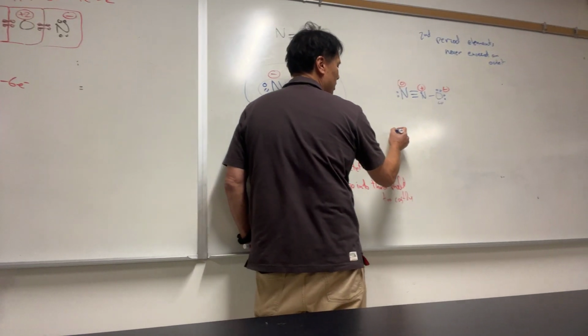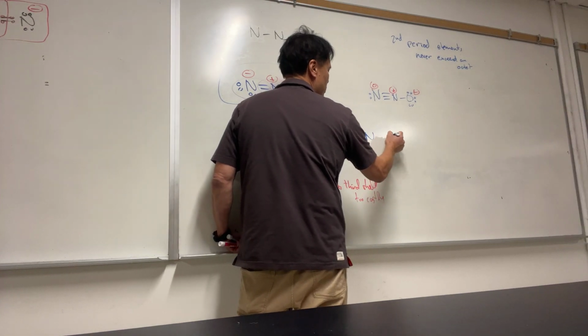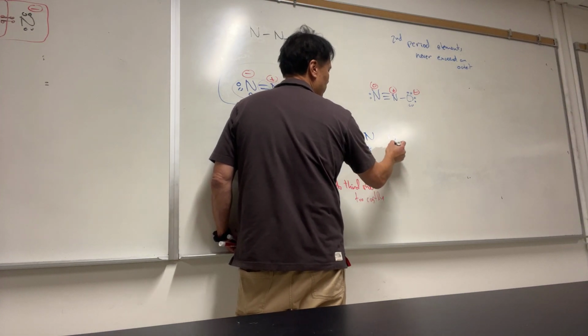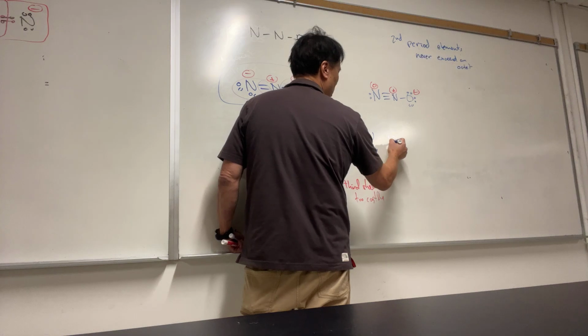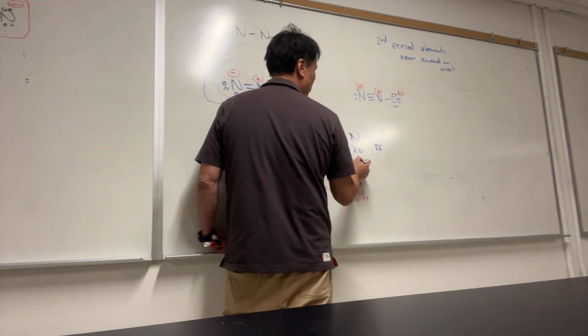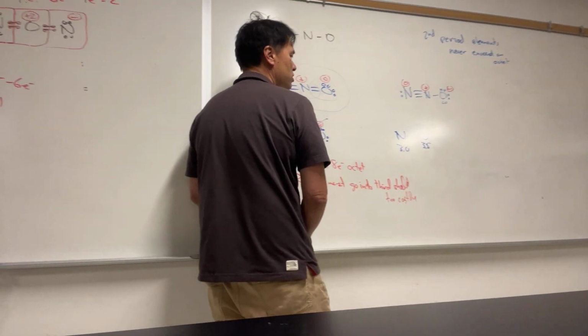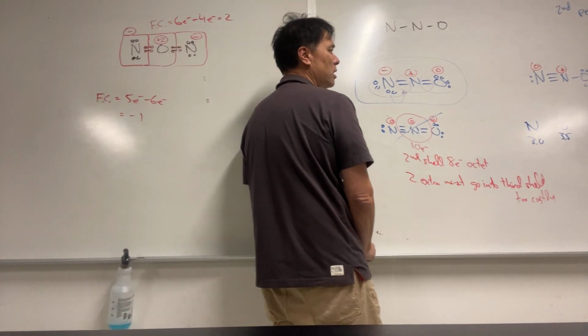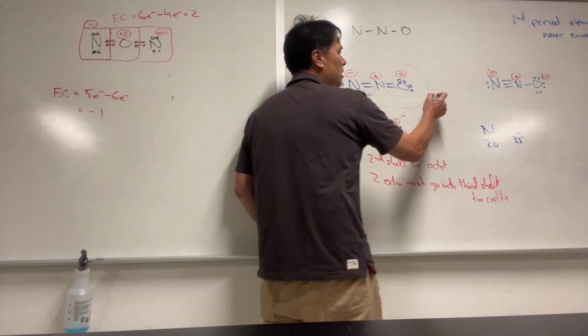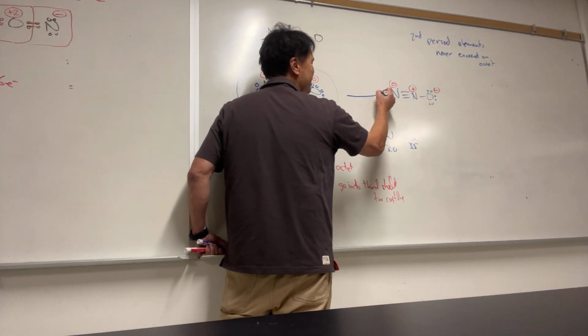If we look at the electronegativity of oxygen versus nitrogen, nitrogen is 3.0, oxygen is 3.5. So it's not a huge difference. Nitrogen's pretty strong. If nitrogen and oxygen got in a tug of war, there'd be a fight. Since there's a fight here, both these structures exist. However, this one is going to be more preferred.